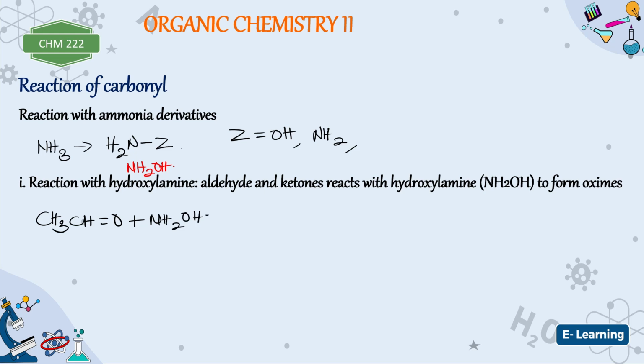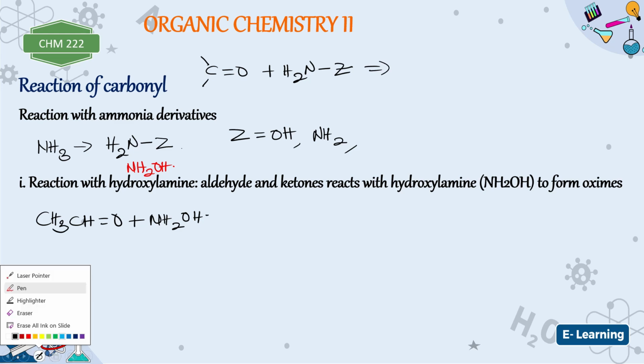Now, what do you think will be the product of this reaction? Now, the general mechanism for the class of reaction like this is that if you have something like this, C double bond O plus H2N and then Z, this H2 will combine with oxygen to form water.